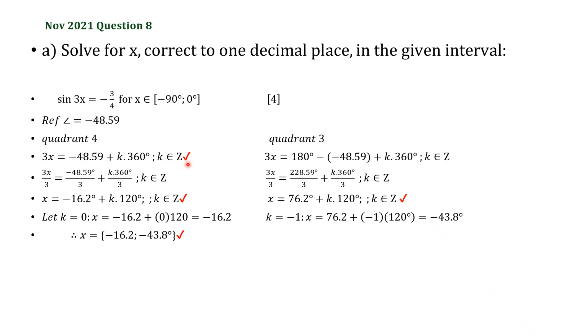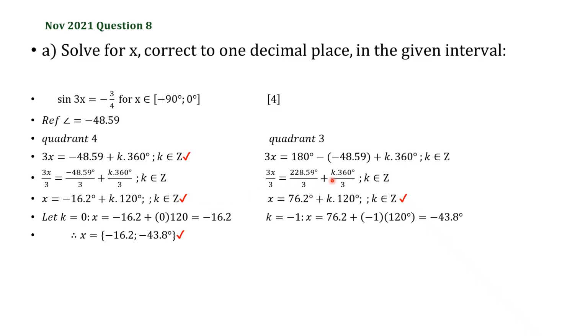Then divide everything by 3: 3x divided by 3, 48,59 divided by 3, k360 divided by 3, same on the other side. So x equals negative 16,2 plus k120, k an element of integers.